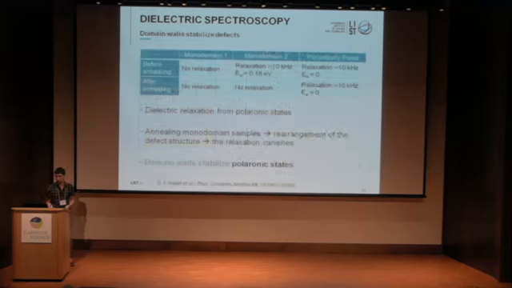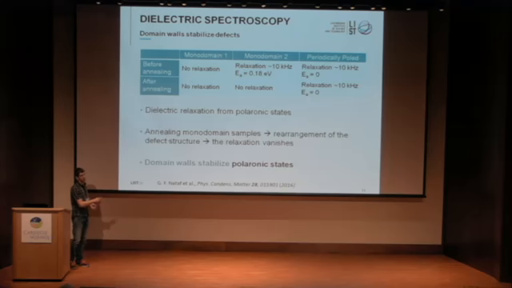So if I just summarize, in the first sample, without domain wall, no relaxation, no peak in the dielectric loss. In the second one, we had a peak, but it disappears if you anneal the sample. And in the sample with a high density of domain walls, you find the same peak in the dielectric loss, but without temperature dependence.